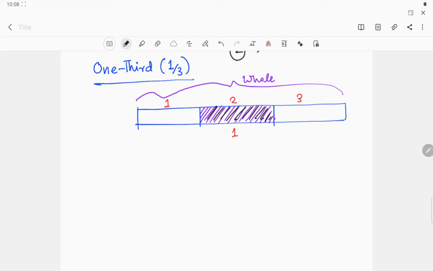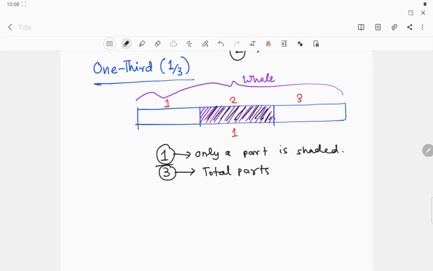Only one part out of 3 parts. So this number will be 1/3, because total parts are 3, and out of the total parts only one part is shaded. So it is called 1/3, right?